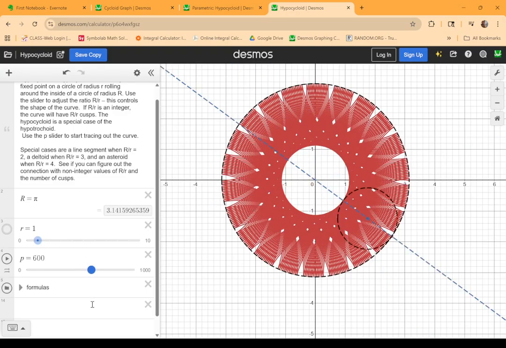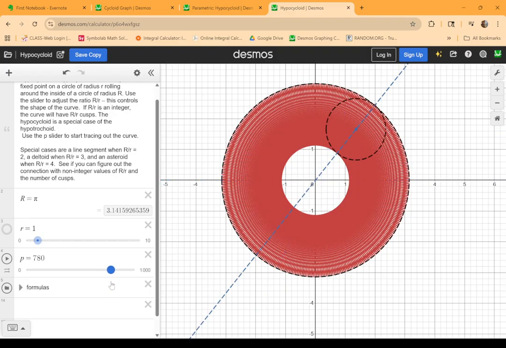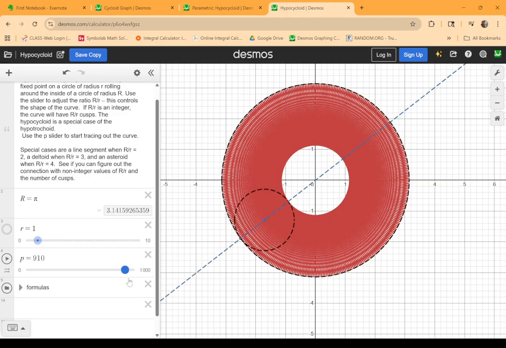Each rotation that's taken is a new path. So essentially, if we just keep going and going, then it's space filling. It's filling up all that space.